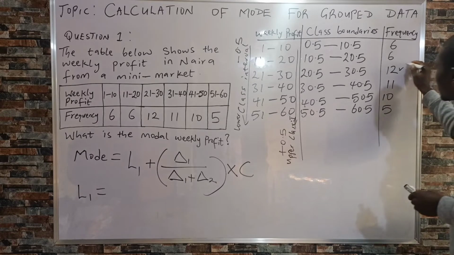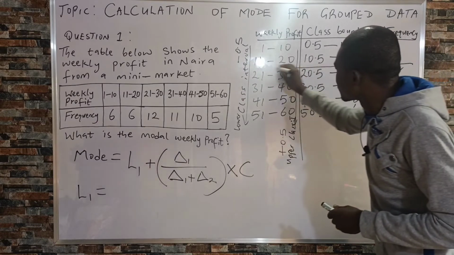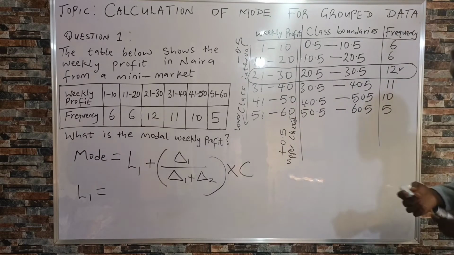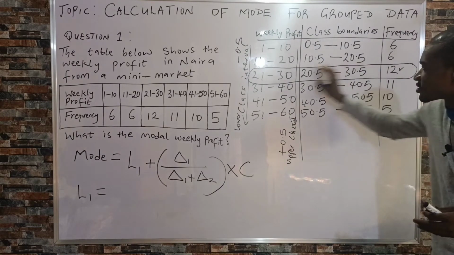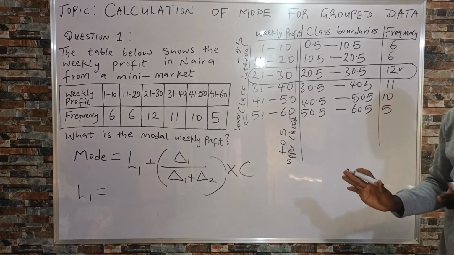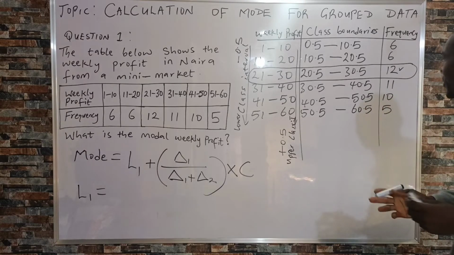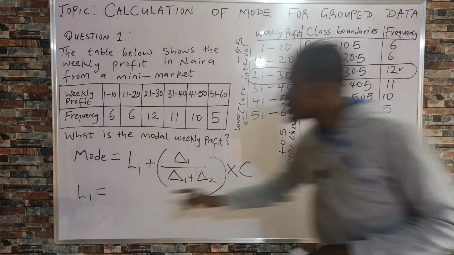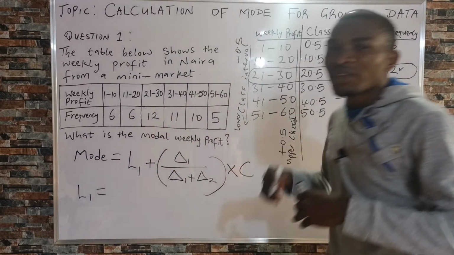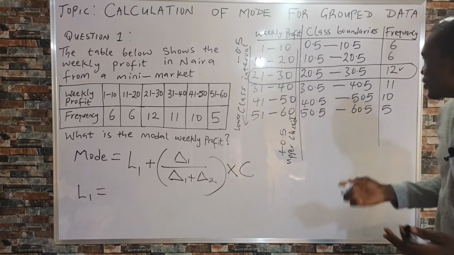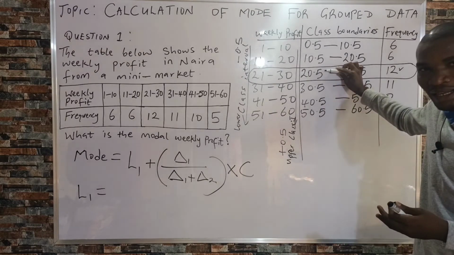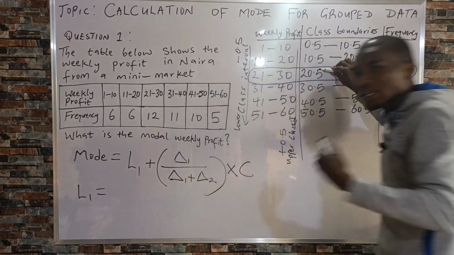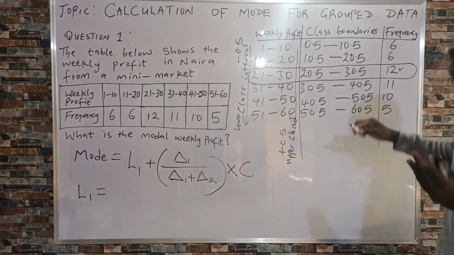So everything in this given row, we can easily refer to as the modal class. They are special class, okay? So that is the modal class. So the L sub 1 simply means the lower class boundary. So here is the class boundary of the modal class, but we are looking for the L sub 1, which is the lower class boundary of the modal class.